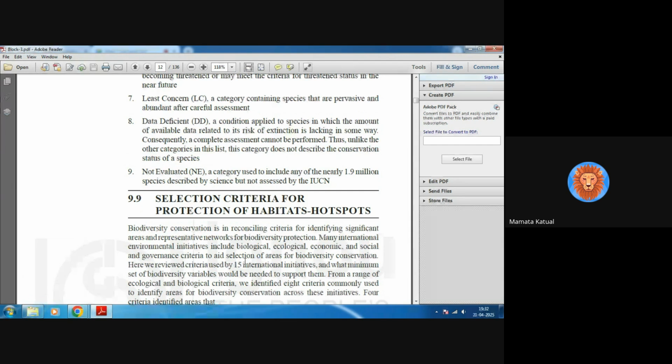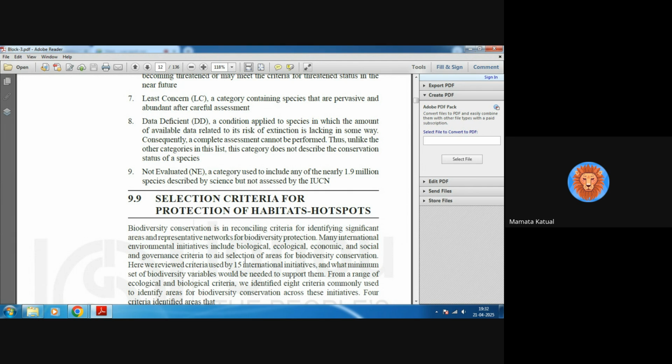Then not evaluated. This not evaluated category is not found in the IUCN Red List categories, so there is no such category as not evaluated. Not evaluated means this category includes nearly 1.9 million species described by science.